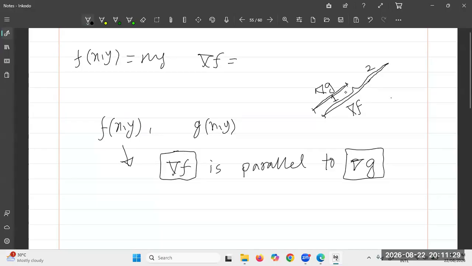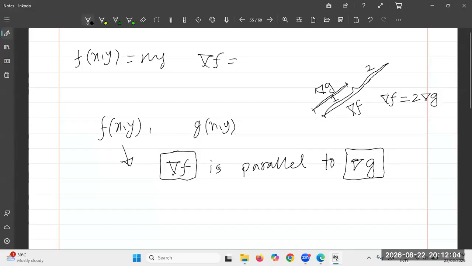Since the two vectors are parallel, the directions are the same. But what about the magnitudes? The magnitudes may be different. So in this example, del f is exactly 2 times del z, because the length of del f is 2 and the length of del z is 1. So for equating these two quantities, del f is equal to 2 times del z.